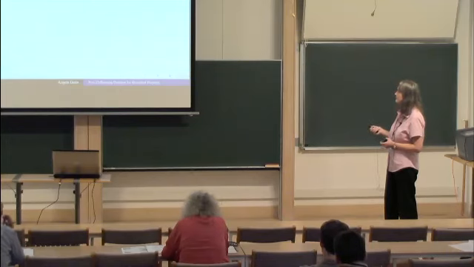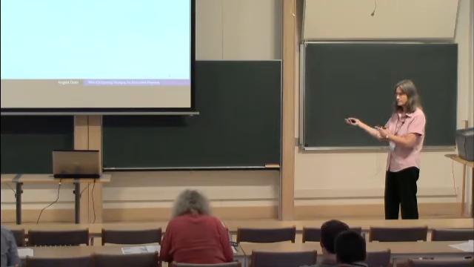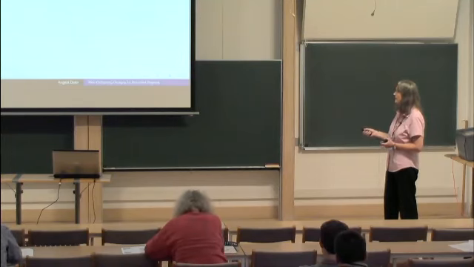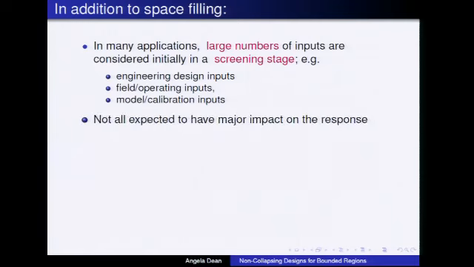So you may have engineering design inputs, that's the actual design of the prosthesis or the machine tool. Inputs representing how the device is going to be used in practice. With the elbow, is the person going to be drinking cups of coffee or playing tennis? And then other inputs associated with the actual mathematical model underlying the computer code.